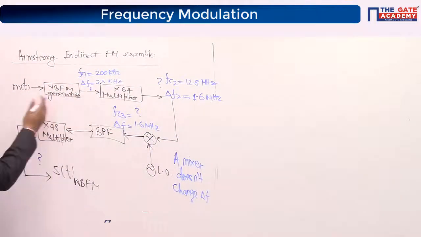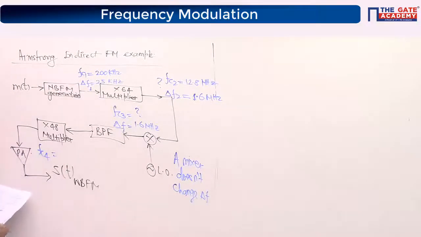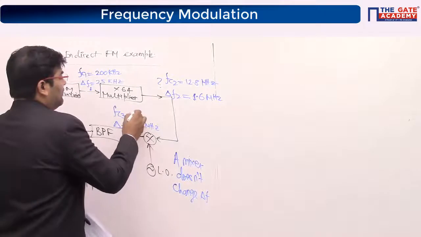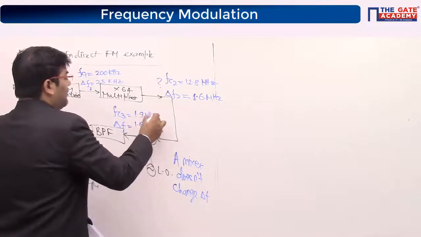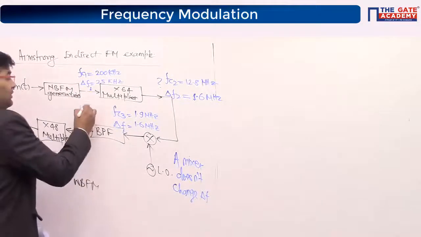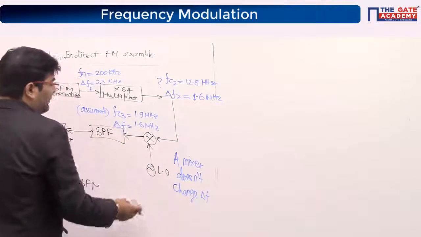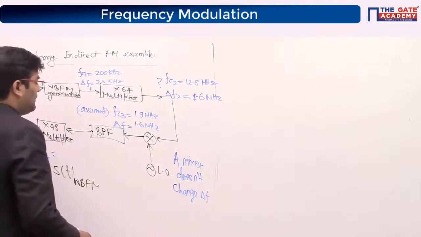And again, you do the same exercise and you get FC4. So guys, somewhere we have to decide what the local oscillator frequency is. So let's say the mixer is giving you 1.9 megahertz, and then again you multiply and you get FC4. This is an assumption, because I have not specified any frequency of the mixer for now.